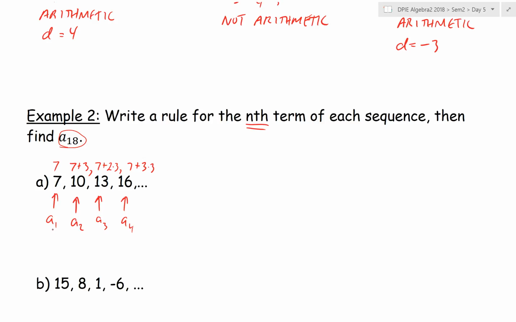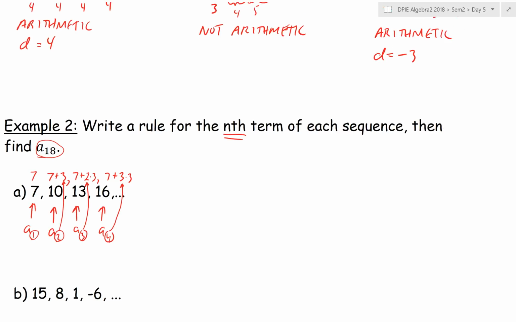So compare the subscript to the number of 3's that we're adding on. For the first term, we're not adding on any 3's. For the second term, when the subscript is 2, we have one 3. When the subscript is 3, we have two 3's. When the subscript is 4, we have three 3's, and so on.